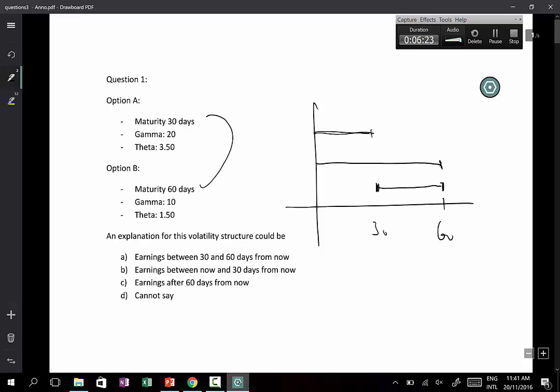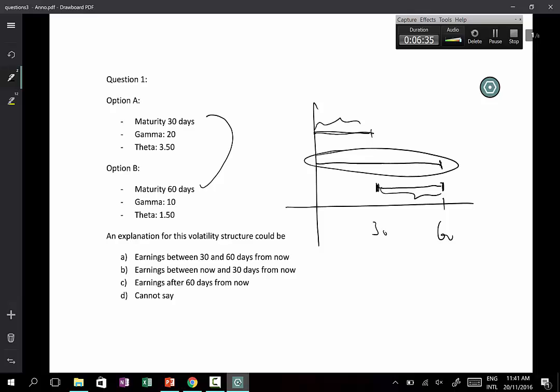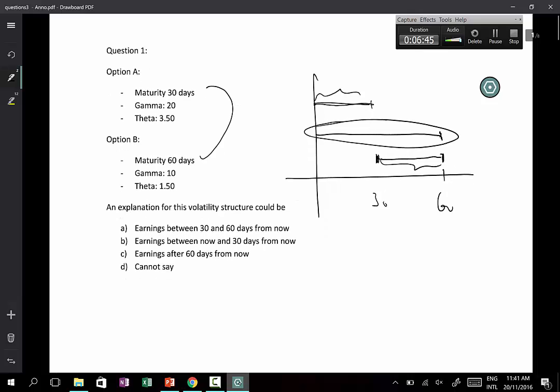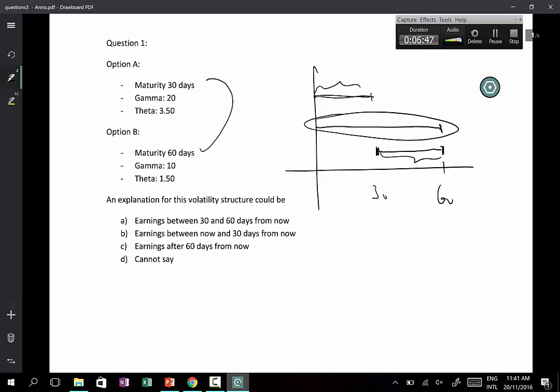Because if I take the average of this one and this one, I would get back the one in the middle. So in other words, this looks like it may be happening here.